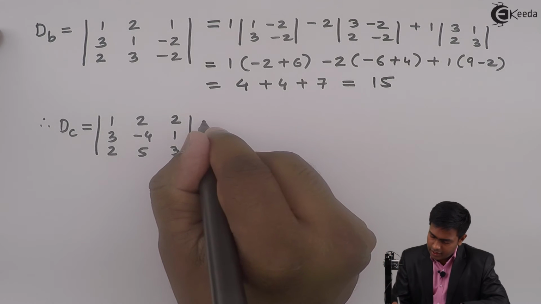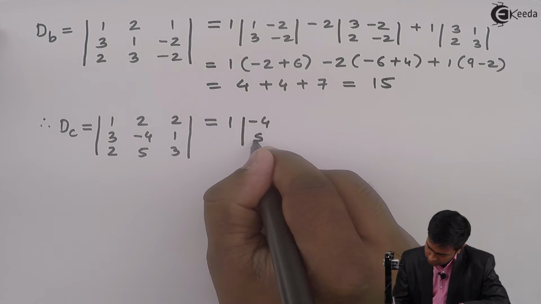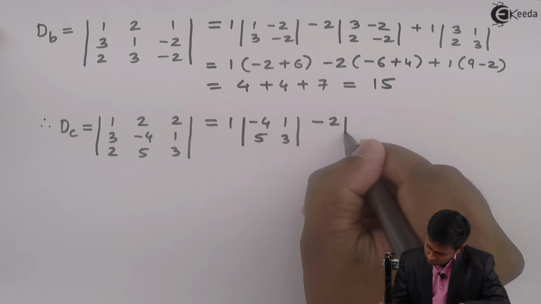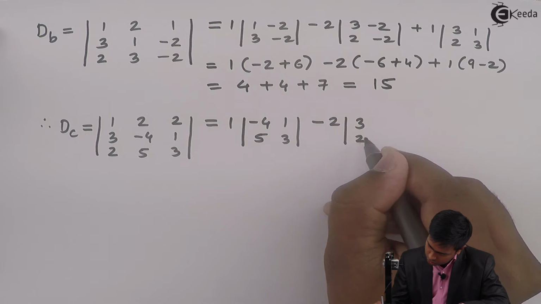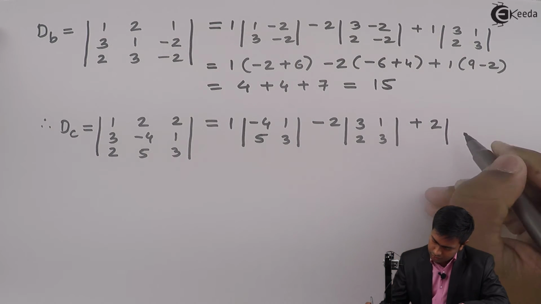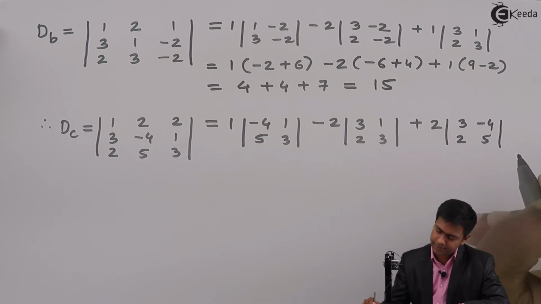Now by solving this, here we will get 1 into the minor minus 4, 5, 1, 3, minus 2 into the minor 3, 2, 1, 3, and plus 2 into the minor 3, 2, minus 4, 5.